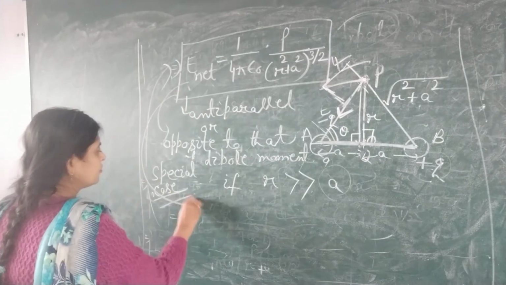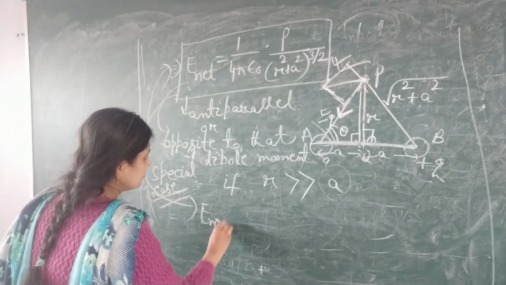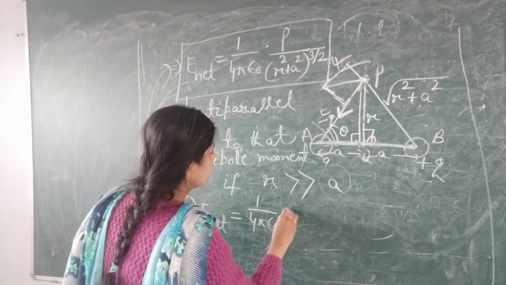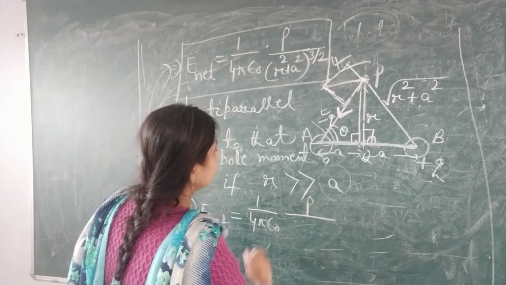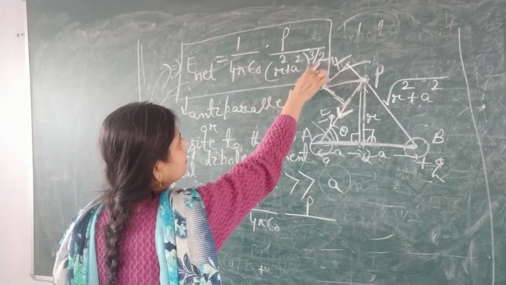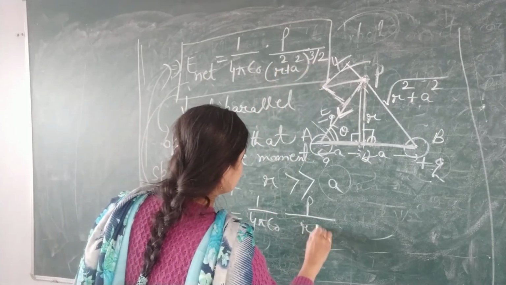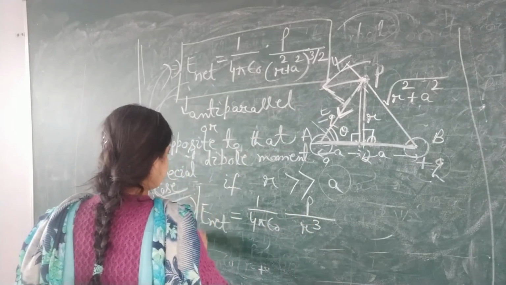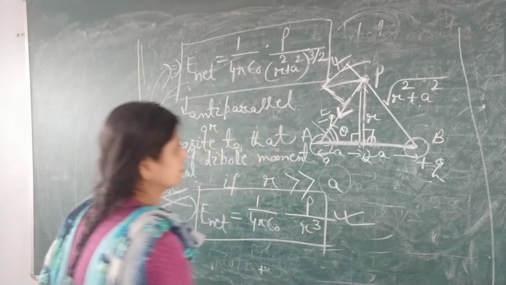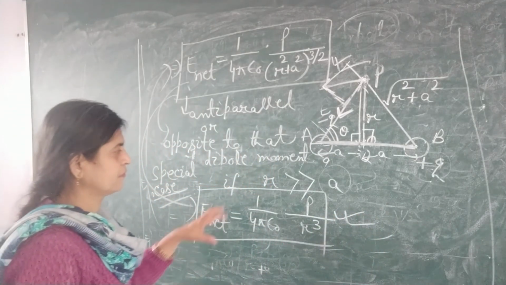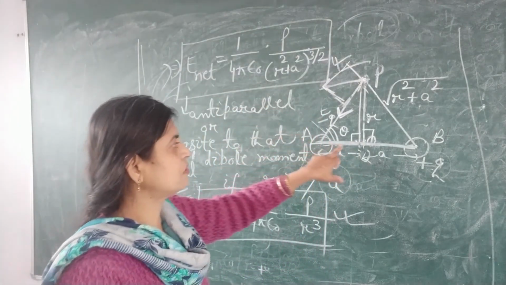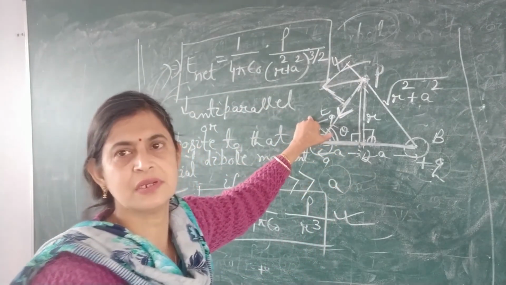So you can write E net is equal to 1 by 4 pi epsilon naught into p divided by r cube, since a square is neglected and only r square power 3/2 remains. So this is all about the electric field due to a dipole on its equatorial line.